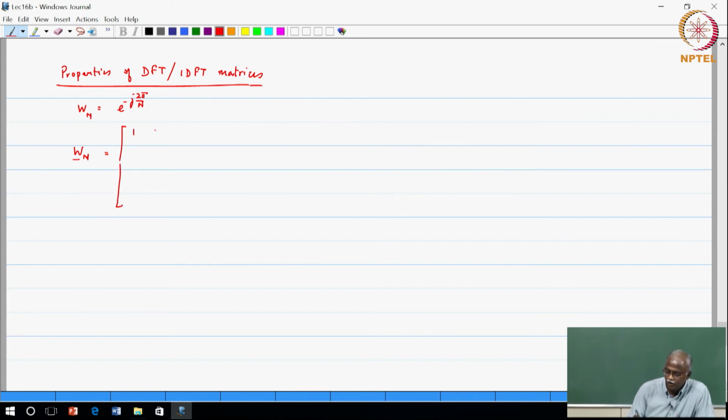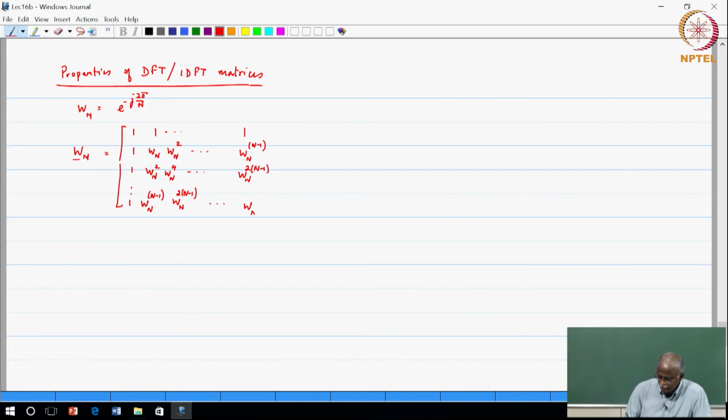The first row will be all ones, the second row will be 1, Wn, Wn squared, up to Wn^(n-1). The third row would be 1, Wn squared, Wn^4, up to Wn^(2(n-1)), and if you come down the list, the last row would be 1, Wn^(n-1), Wn^(2(n-1)), and the last term would be Wn^((n-1)(n-1)).